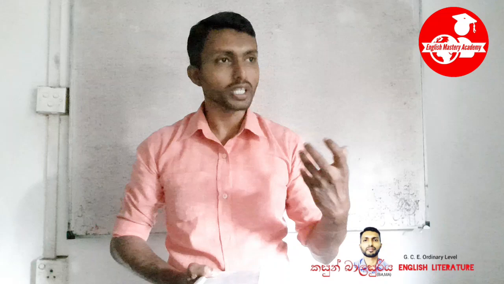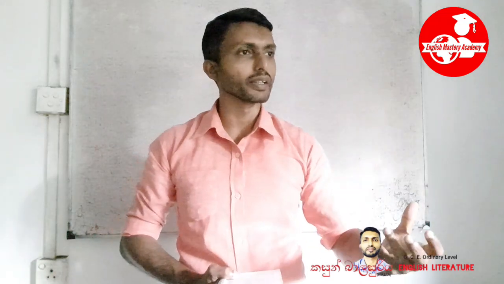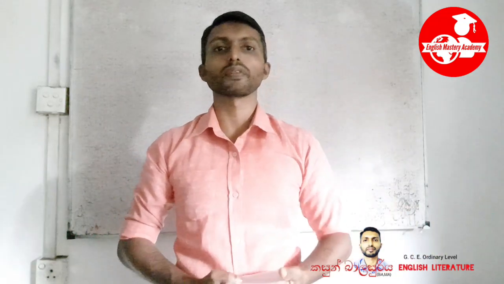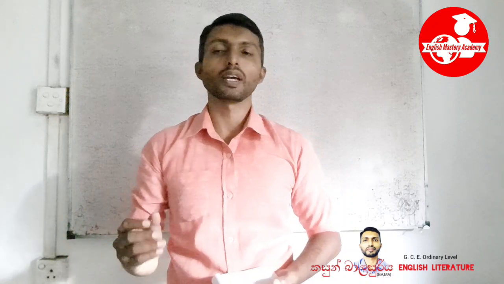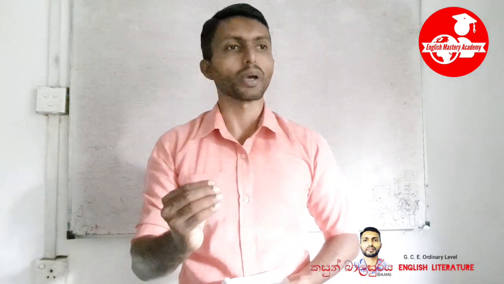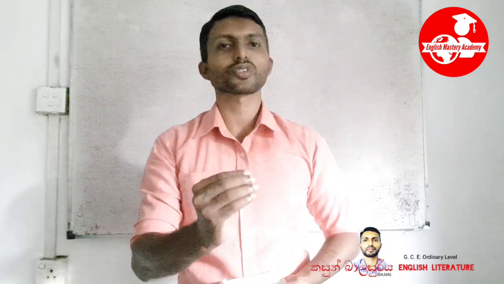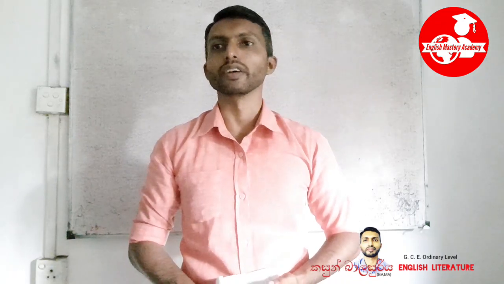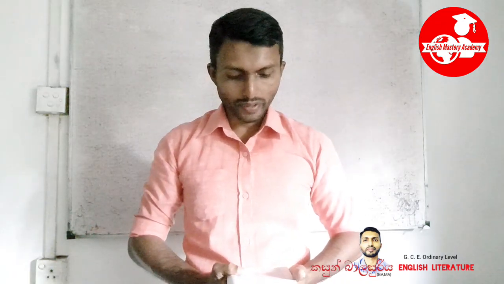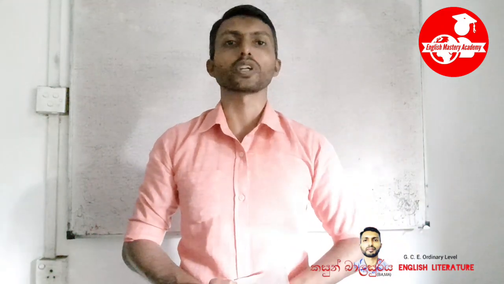So the setting is very clear, right? The place, the geographical location, is very clear. Why? Because this particular story happens not in Sri Lanka but in London, right? Okay, then on a certain autumn day, highlight autumn again.